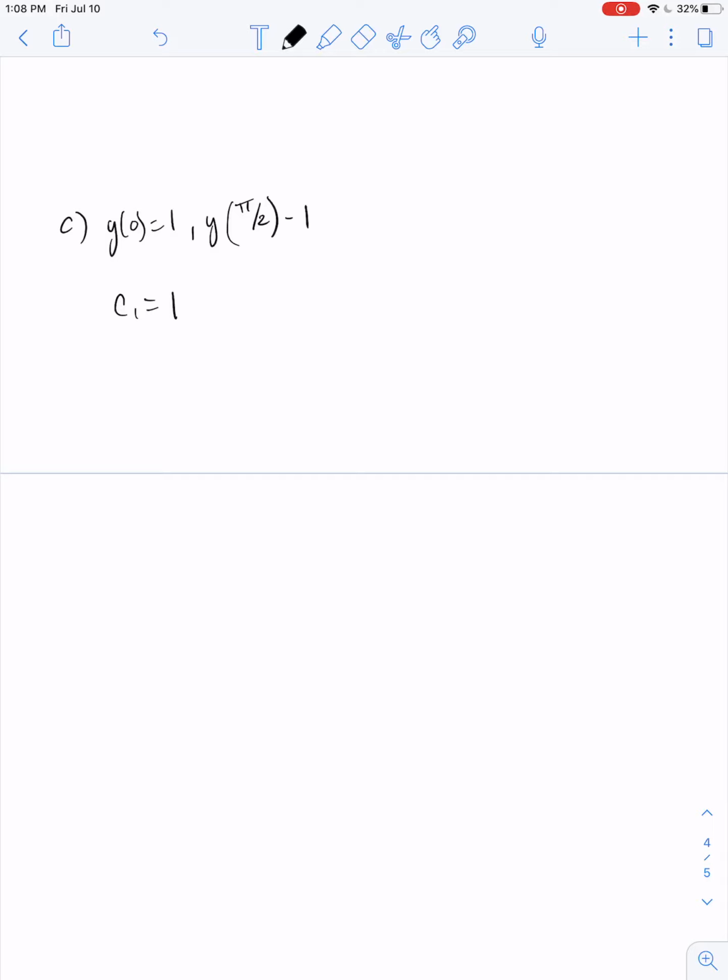And now for this next portion, we could have 1 equals C1 e to the pi over 2 cosine pi over 2 plus C2 e to the pi over 2 sine pi over 2. Cosine pi over 2 is 0, so that's going to give us 1 equals C2 e to the pi over 2, and sine pi over 2 is 1.